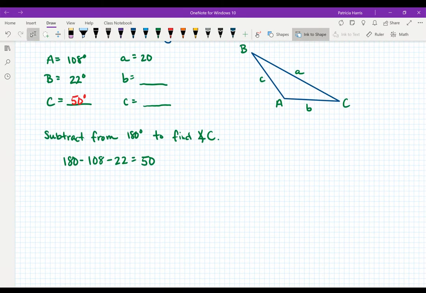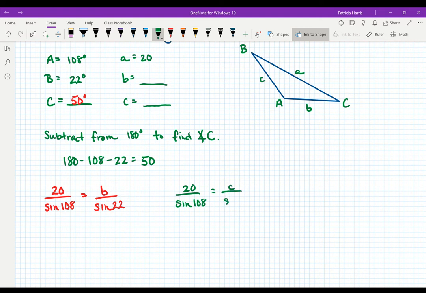Okay, so this is the proportion that I would use to find side B, and this is the proportion that I would use to find side C. Okay, so what I typically do is I write this out, and then I stick it into my calculator.